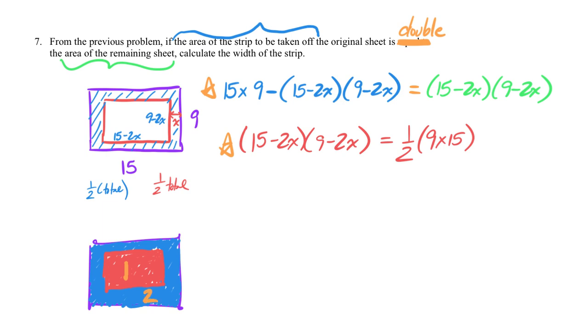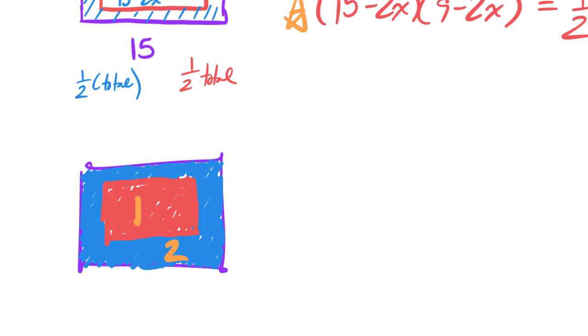Now, if my language of parts is confusing to you, I want you to imagine this. Imagine there's your diagram, and I told you that the area of the red rectangle was, let's say, 10 centimeters squared. Well, then if the blue strip's area is double it, it would have to be 20. But notice that that ratio is always in the ratio 1 to 2.